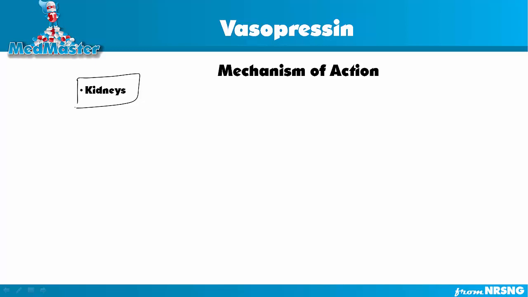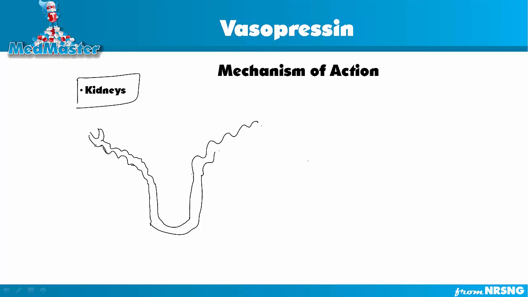The main functional unit of the kidney is the nephron, and I'm not really great at drawing, but this is Bowman's capsule, then the proximal convoluted tubule, the loop of Henle, then the distal convoluted tubule, and here the collecting ducts.